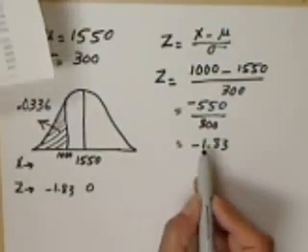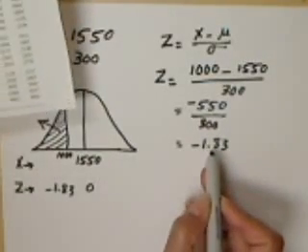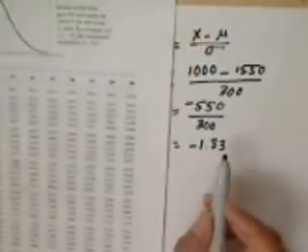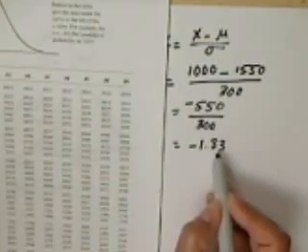The z numbers are described in the left column and the top row. The integer and the first decimal point, which would be the negative 1.8, can be found in the left column, and the second decimal in the z value, which in this case would be the 0.03, can be found across the top.